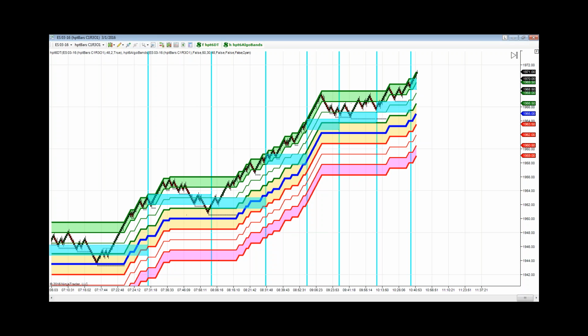But the nice thing about the algorithm bands trading this way is it works in big trending markets like this, and it works in choppy markets if you stay with the trend. Because if you stay with the trend with the algo bands and you limit your risk, like we're showing, yes, you may get a couple of trades where the market goes sideways that don't work out for you, but you're not going to sit there and get ground up. Okay, you have to work at it though.